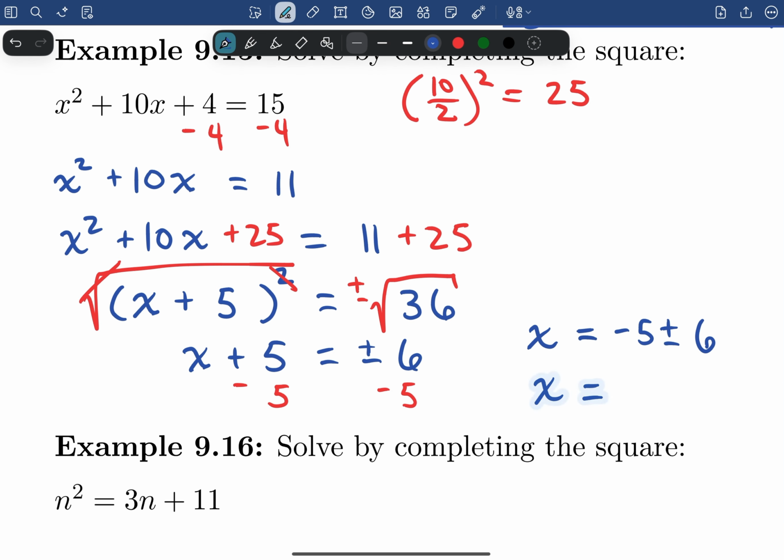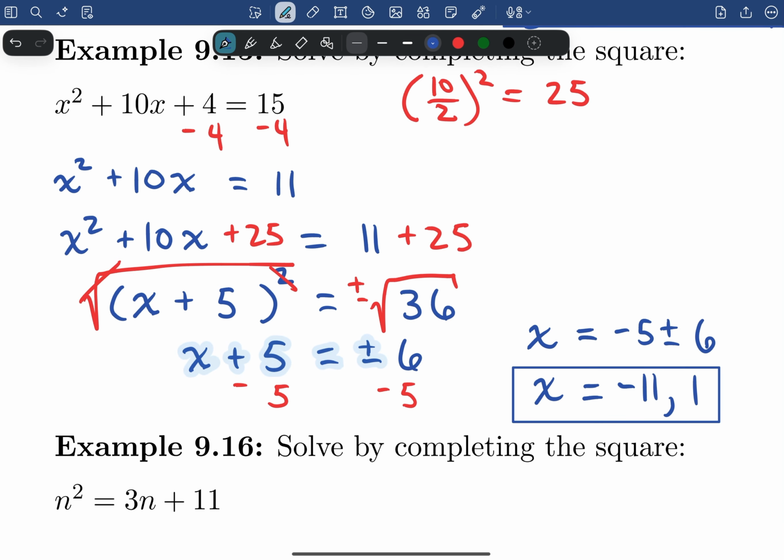And so let's find explicitly those two solutions. In this case, we can add those numbers together, right? No radicals to simplify or anything like that. So negative 5 minus 6, that's negative 11. And negative 5 plus 6, well, that's 1. These are my two solutions, negative 11 and 1, separated by commas.